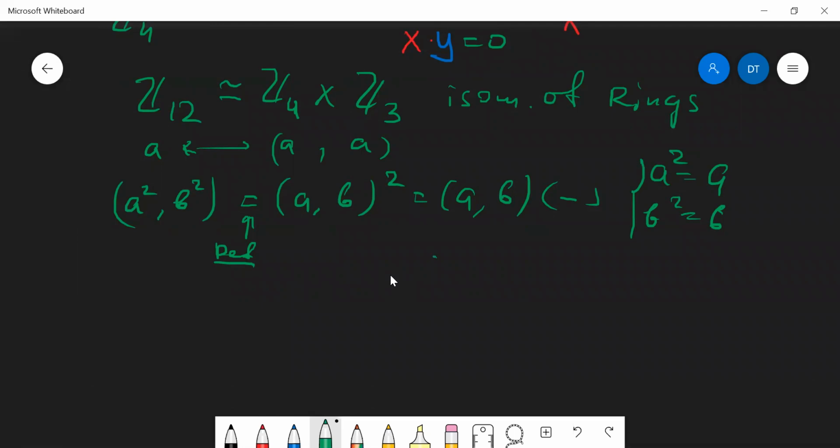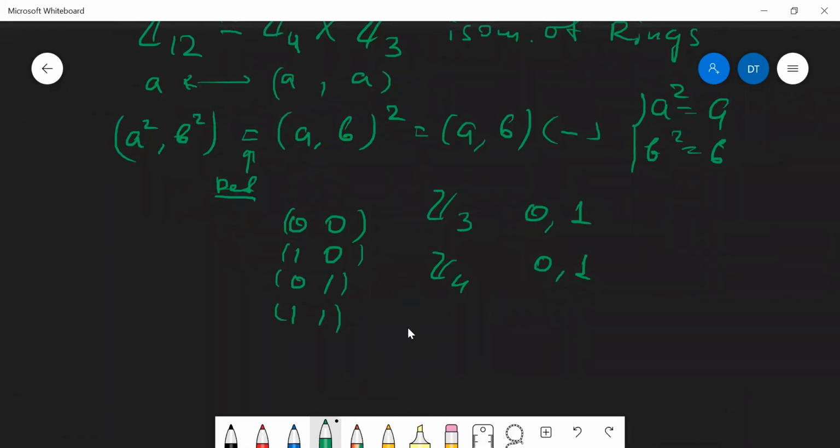It's clear that, for example, in Z3, there are only two idempotents, 0 and 1. And also there are only two idempotents in Z4, which are 0 and 1. So all possible idempotents here are (0, 0), (1, 0), (0, 1), and (1, 1). Here we use just brute force because it's simple.